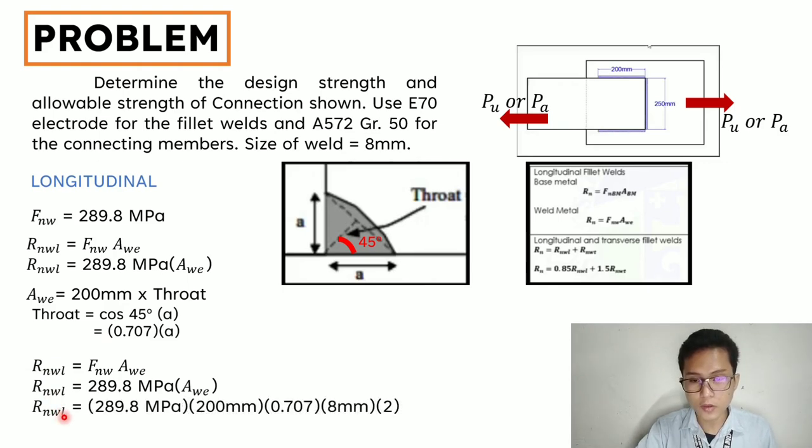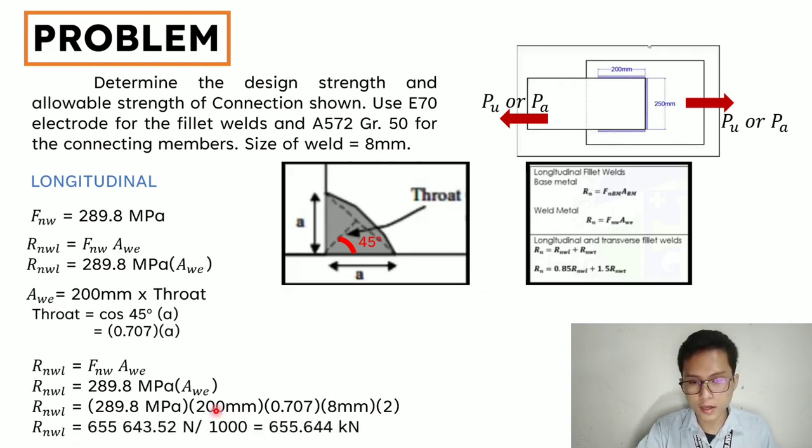R sub NWL is equal to 289.8 megapascal multiplied by 200 millimeters here, and 0.707 from cosine 45 earlier that we solved, and the value of A is 8 millimeters. It is the size of the weld, and multiplied by 2 since there are two longitudinal welds.